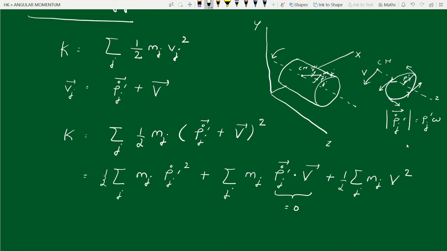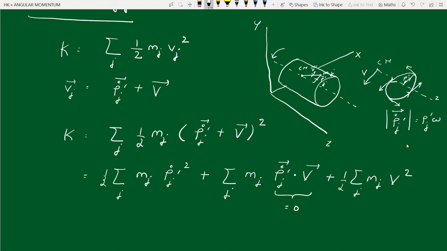In the same way, for any other two diametrically opposite points, you can resolve rho j prime into a parallel component and a perpendicular component with respect to v. The perpendicular component will cancel, and the parallel component will cancel with the parallel component from the diametrically opposite point. That's the idea.